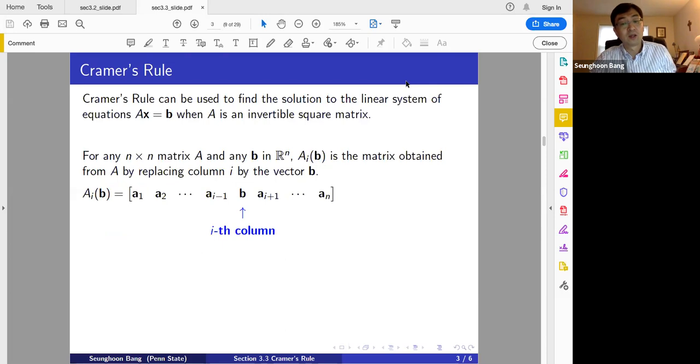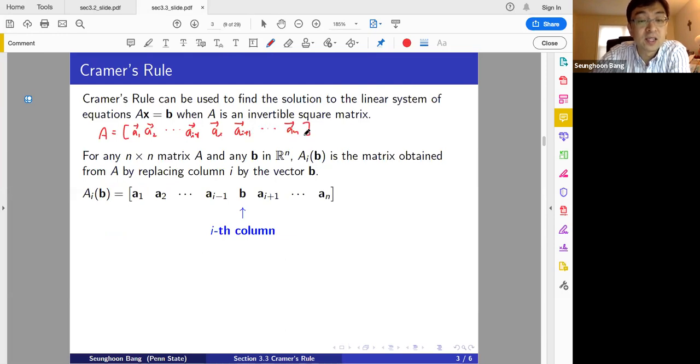The matrix A is given by vector A1, vector A2, keep going, vector A(i minus 1), vector Ai, vector A(i plus 1), keep going, vector An. This is exactly the n by n matrix A.